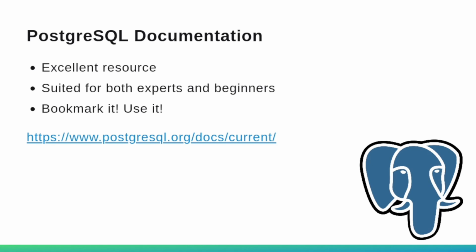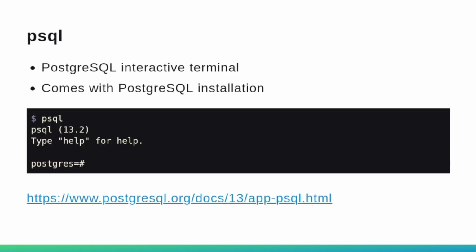Unfortunately, Postgres documentation suffers from very bad SEO, which means that if you search something in your favorite search engine, you're most likely not going to land on Postgres documentation, which is very unfortunate, but factual. So my suggestion to you is, if you have questions and you can't find a straight answer in the search engines, go check the documentation. It's a great resource, and you should definitely get used to using the documentation.